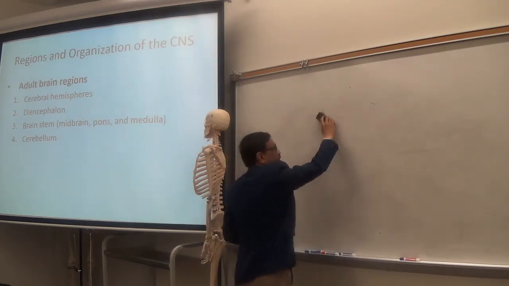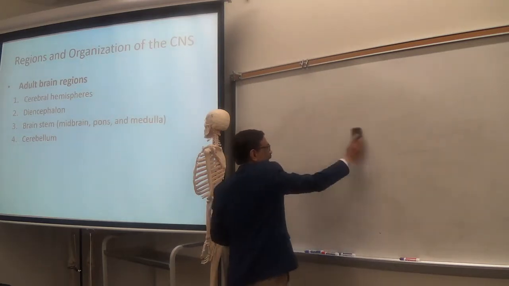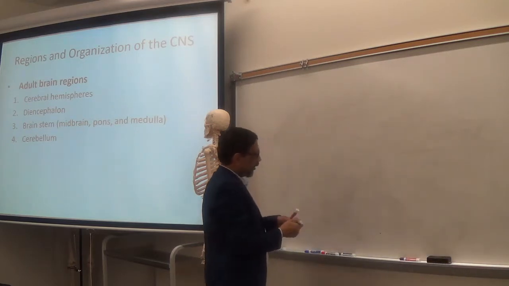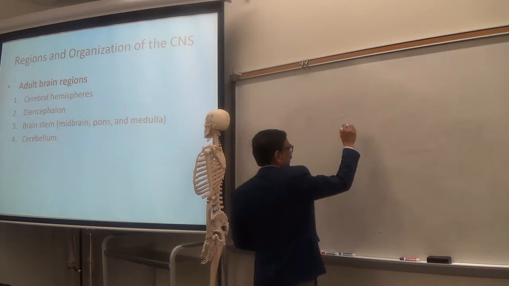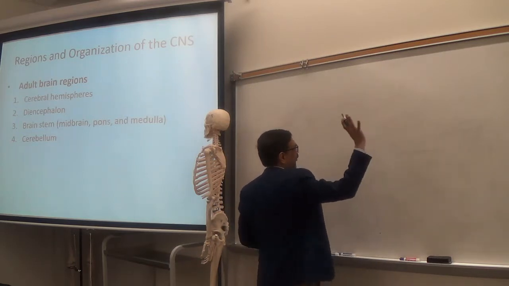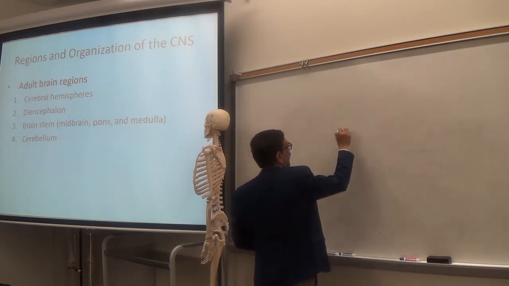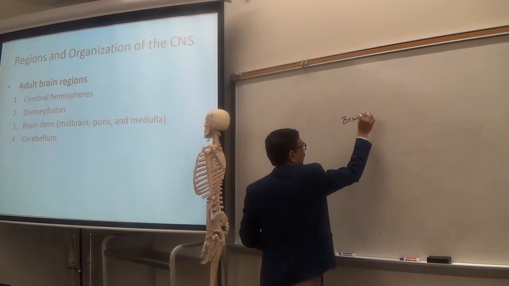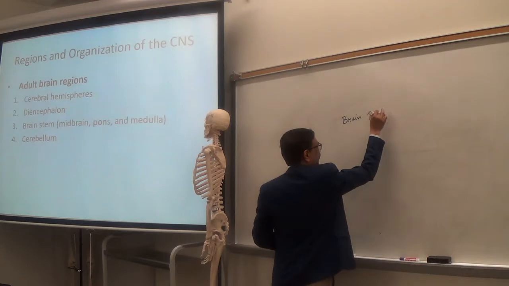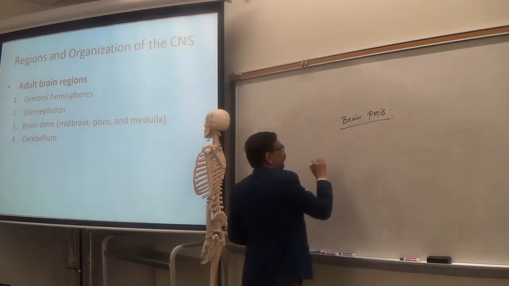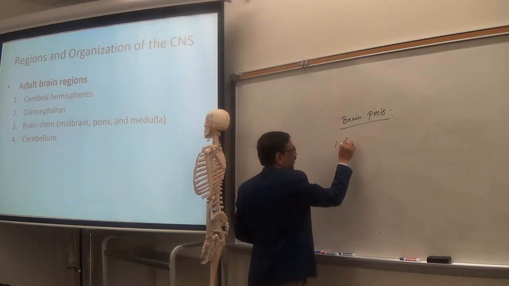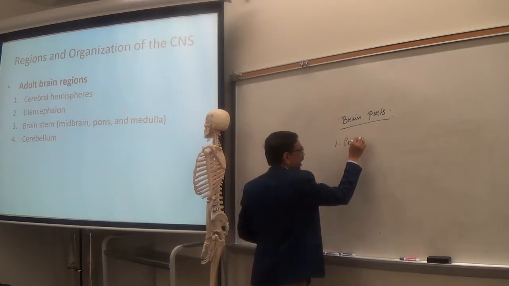We can divide into forebrain, midbrain, hindbrain, but just know that the adult brain is divided into 4 big parts. The largest part is called the cerebrum.